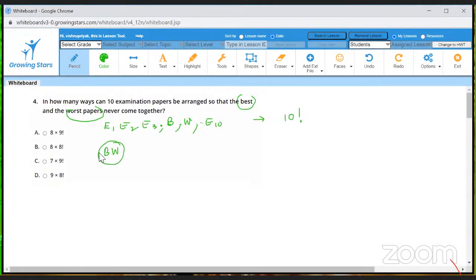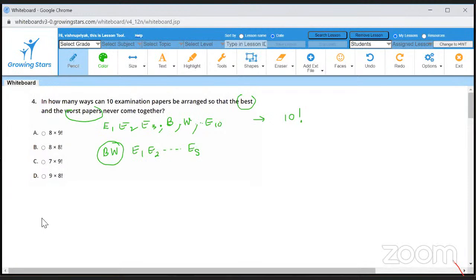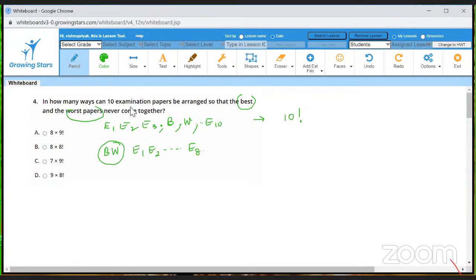If you bundle them, if you group them, then you will have 8 papers outside the group, 2 are inside.